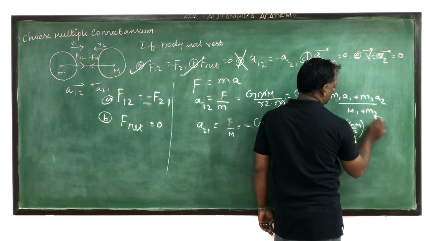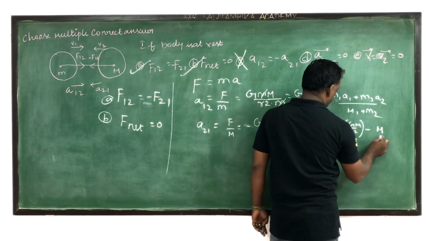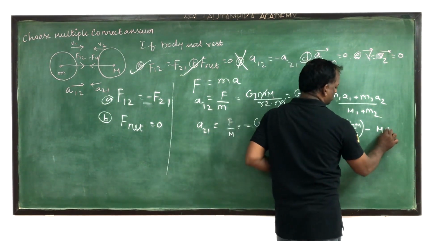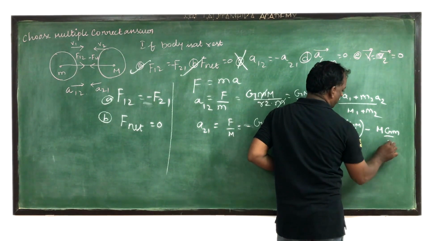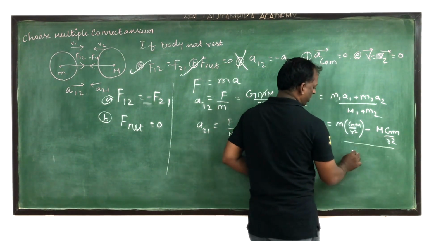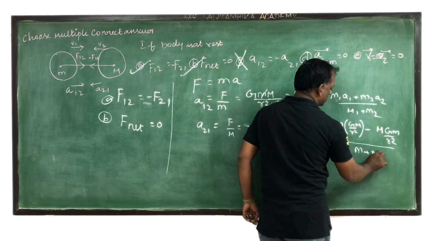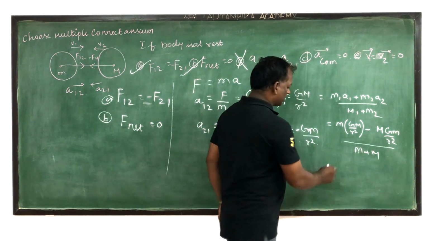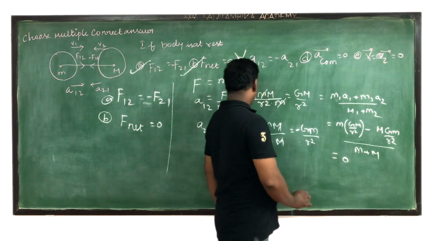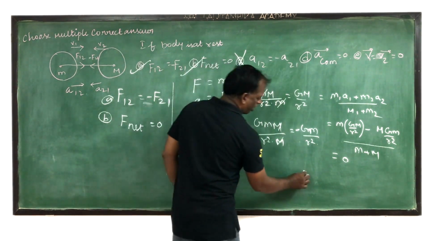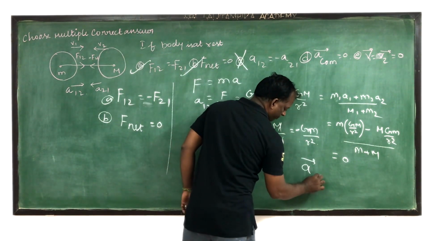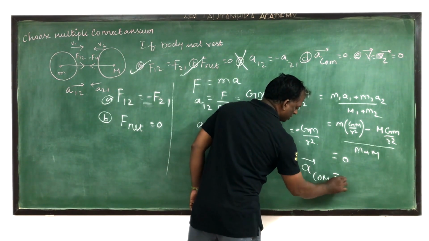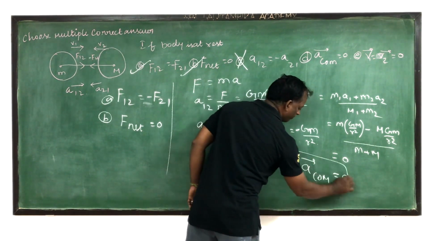It is m2 க்கு வந்து capital M. What is the a value? A is G small m by R square divided by small m plus capital M. So the value both are same. We can put it as 0. That is a center of mass is equal to 0.